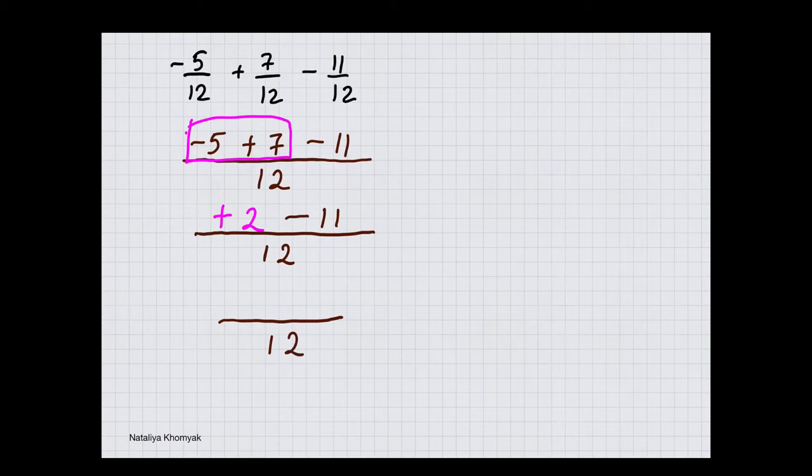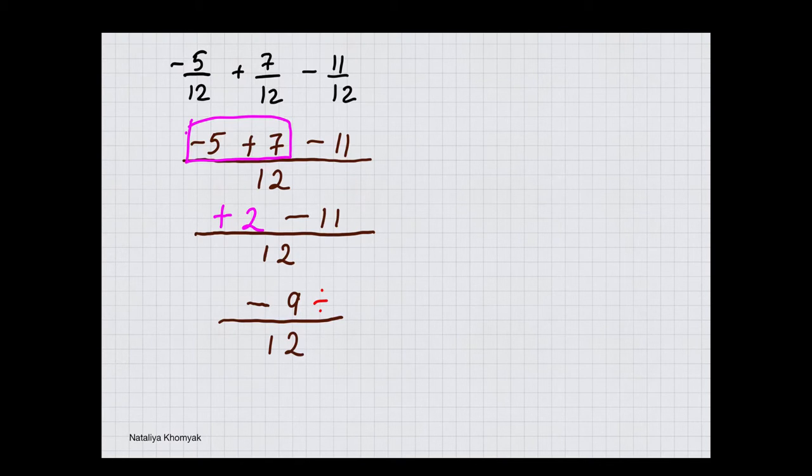Still out of 12. We have +2, -11. Different signs, we look for the difference again, and we have more negatives this time. The difference between 11 and 2 is 9. -9 out of 12 is an answer, but this answer is not in simplified form.